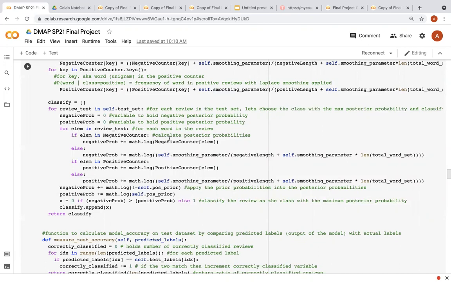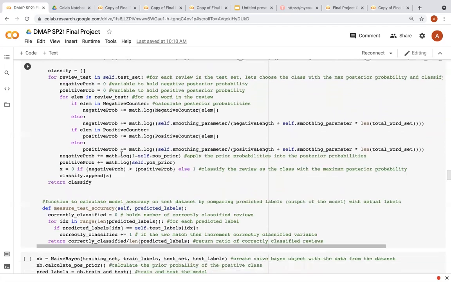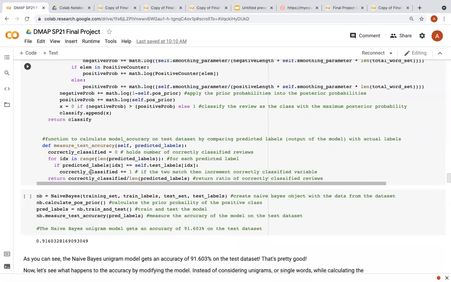So the logarithm changes the multiplication into addition thanks to logarithm properties, and it avoids underflow as well. And then quite simply, we do a max operation. So we classify the review as the class with the maximum posterior probability, and that's it. And then I had a function to measure the accuracy as well.